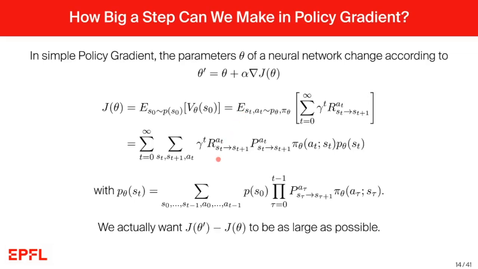Now, the optimal step size can formally be found by just looking at this expression here, that we want the expected value for parameters theta prime minus the expected value for the old parameters theta to be as large as possible. Now, how can we find theta prime that maximizes this difference between the next parameter vector and the current parameter vector?